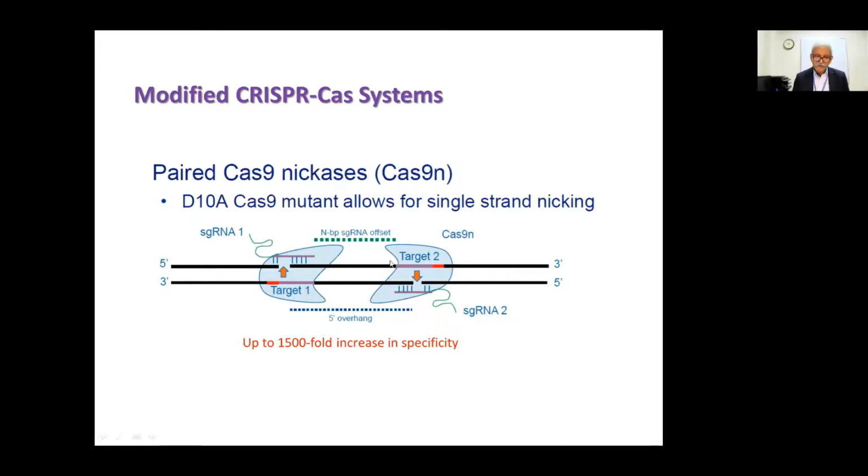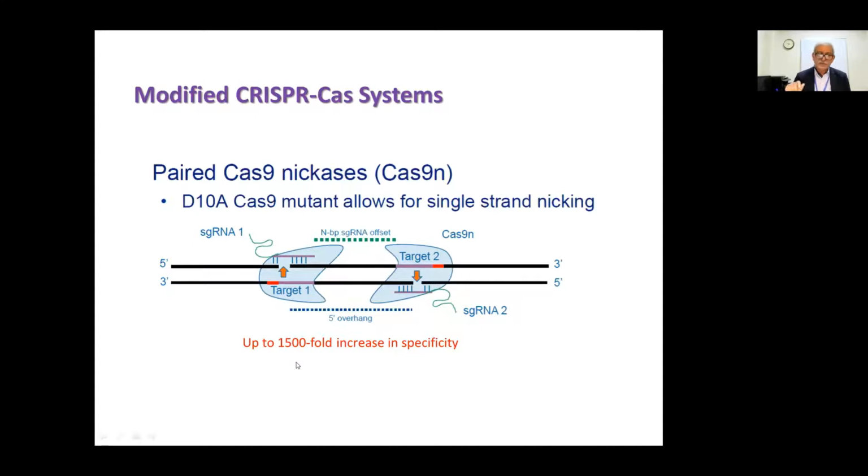So this first modified system is really very nice. It reduces the non-specific cutting of DNA by 1500-fold. It means your target is now highly specific.